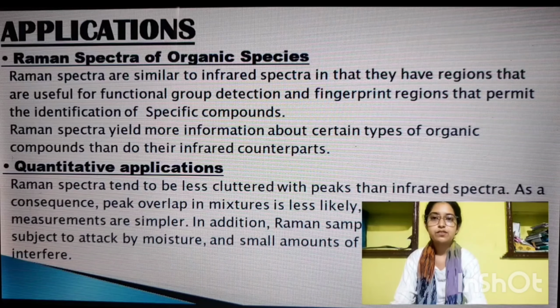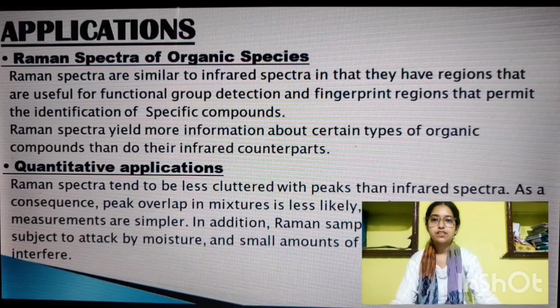Then Raman spectra of organic species. Raman spectra are similar to infrared spectra in that they have regions that are useful for functional group detection and fingerprint regions that permit the identification of specific compounds. Raman spectra yield more information about certain types of organic compounds than do their infrared counterparts. Then quantitative applications.